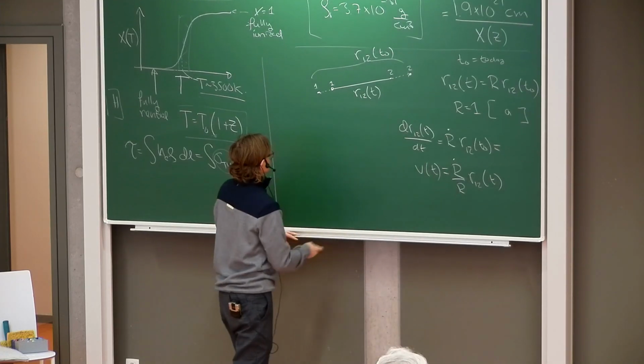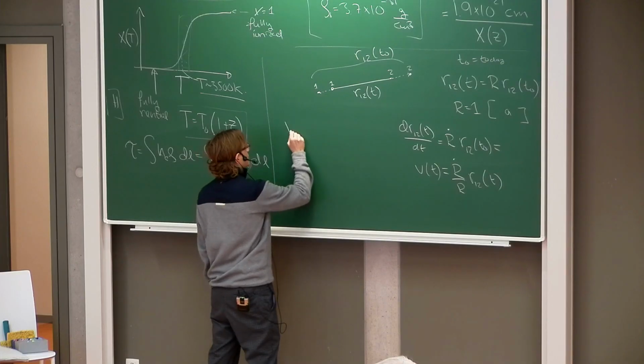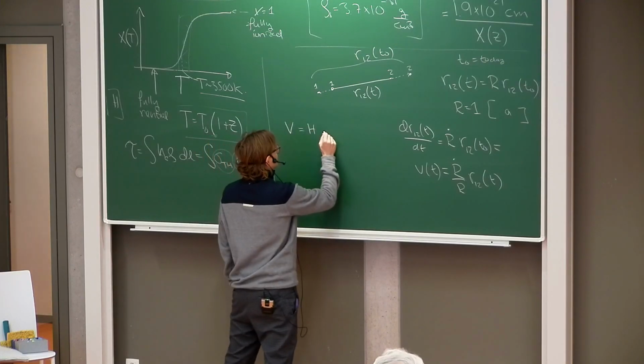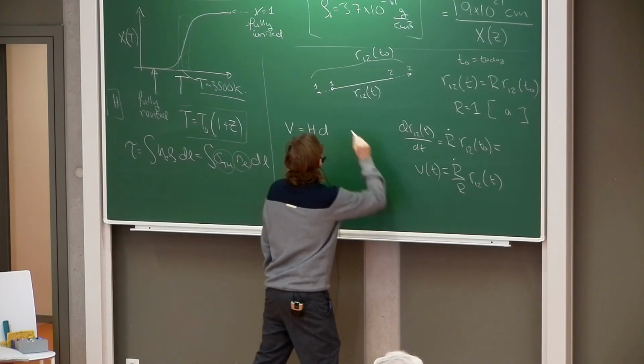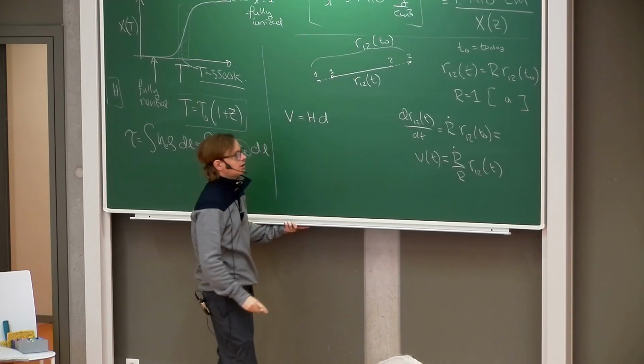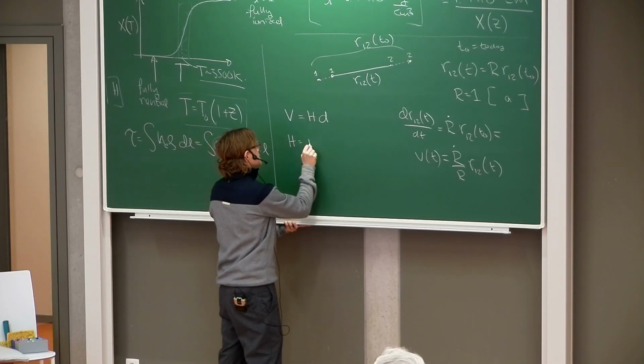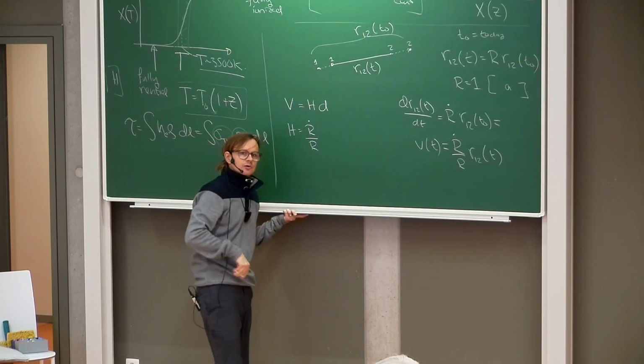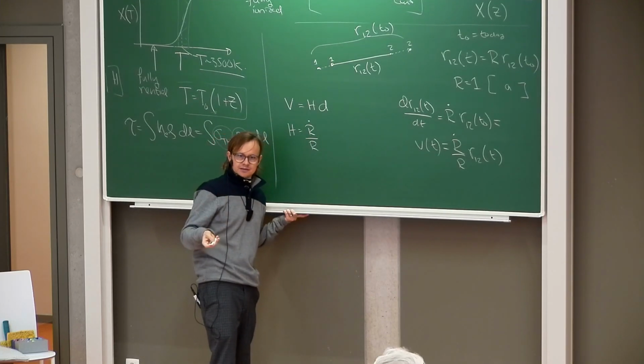So if we look at this, we can see that it has a certain form. We can write it in terms of v equals H times the distance between the two objects here, which I called r, where H is R dot divided by R, and that is called the generalized Hubble parameter.